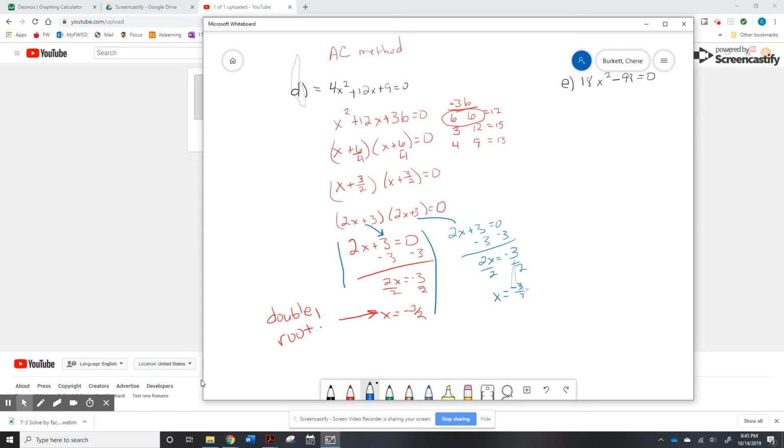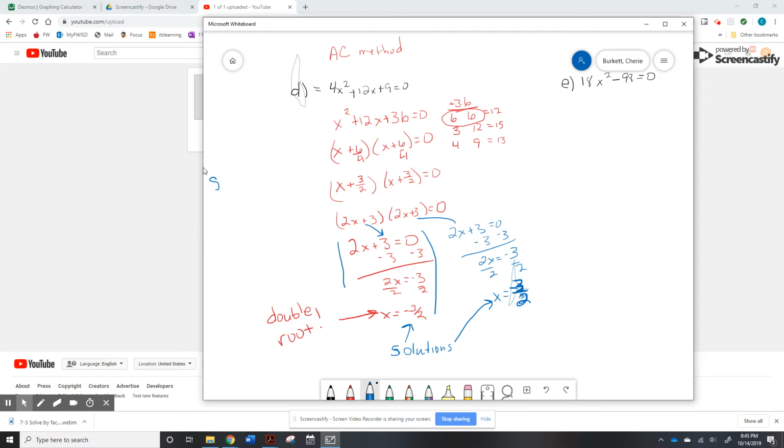The word root has not been talked about, and it will be coming up shortly, but just for future reference, we're finding these solutions, because that's what you find when you solve something.